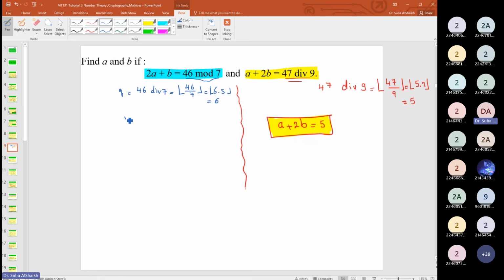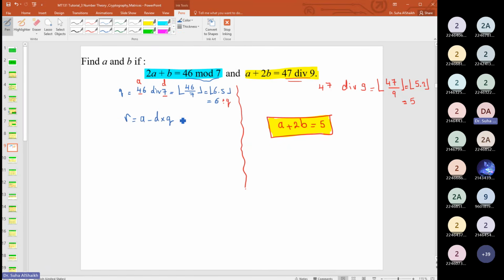So R, which is the mod, is equal to A minus D multiply with Q. What is my A? It's 46. What is my D? It's 7. What's my Q? It's 6.